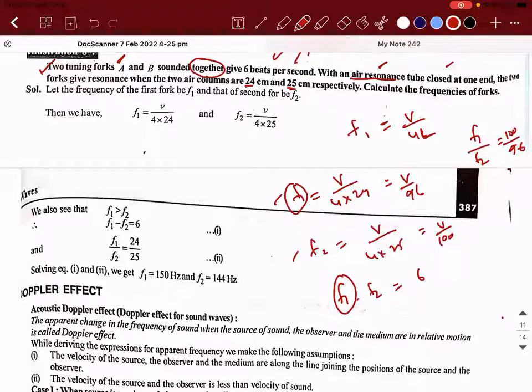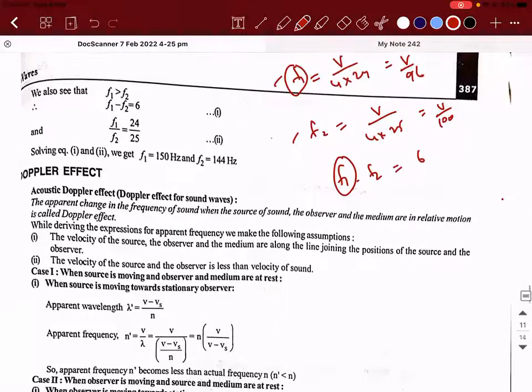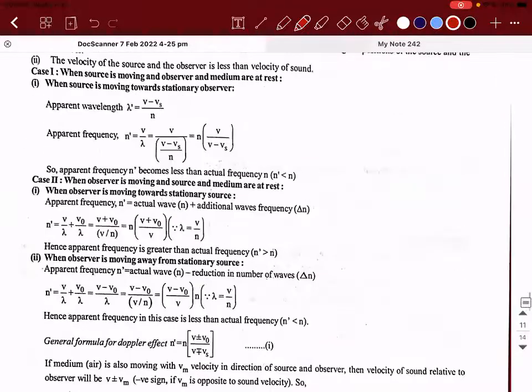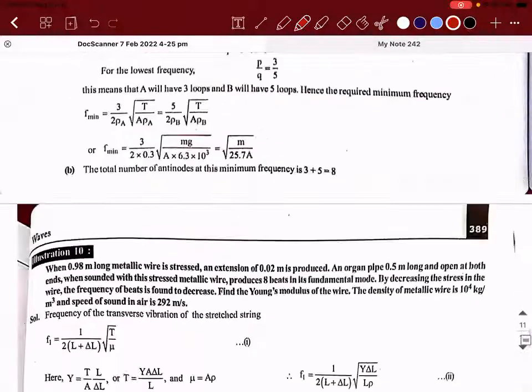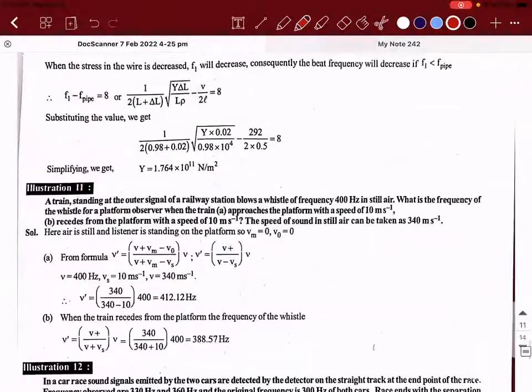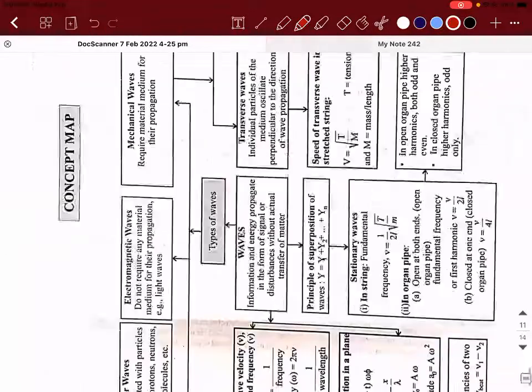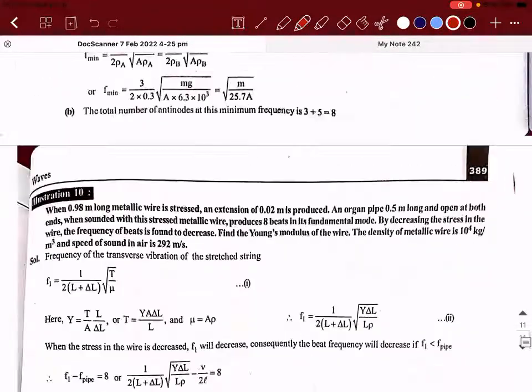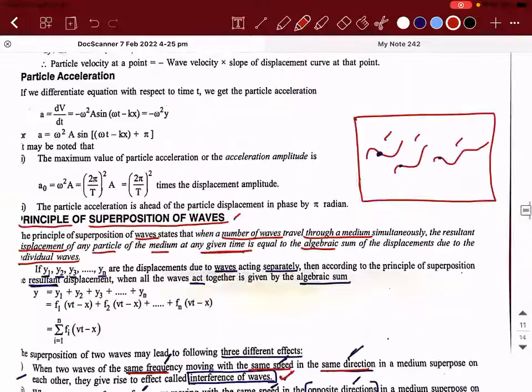So that's it with respect to this chapter. Okay. Doppler effect is not there. So remaining problems you can try from the textbook itself. Okay. So I've covered everything that is possible.